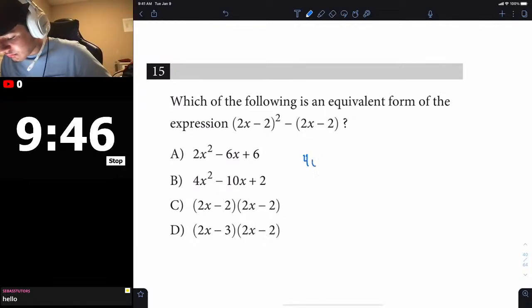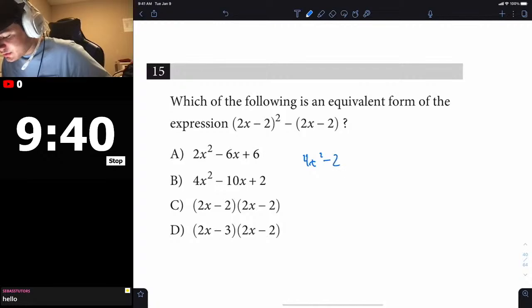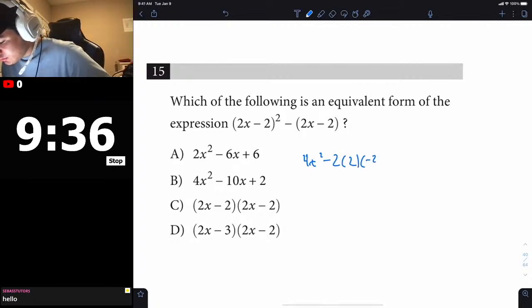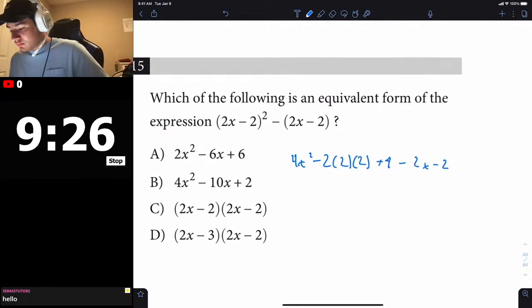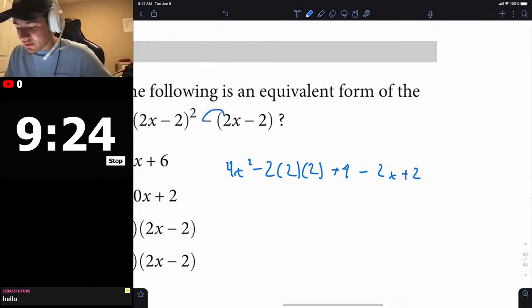So I get 4x squared minus 2 times 2, and then plus 4 minus 2x minus 2. Oh, minus 2x plus 2. Sorry, I forgot to distribute that negative.